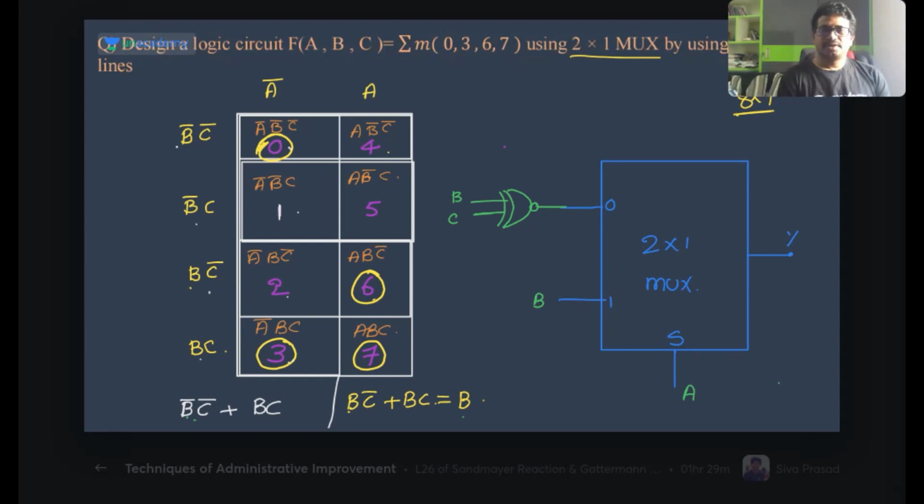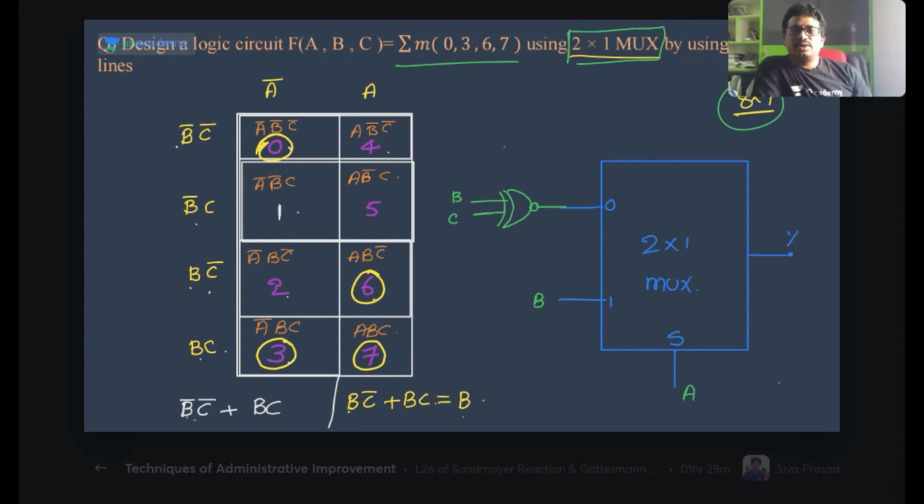We have seen the implementation using a 2 by 1 mux. The actual size required to implement this is an 8 by 1 mux, which we can implement easily with nothing to do.